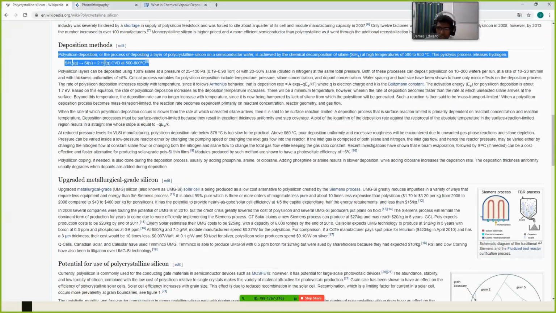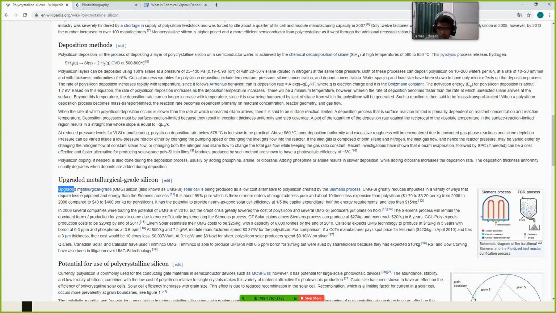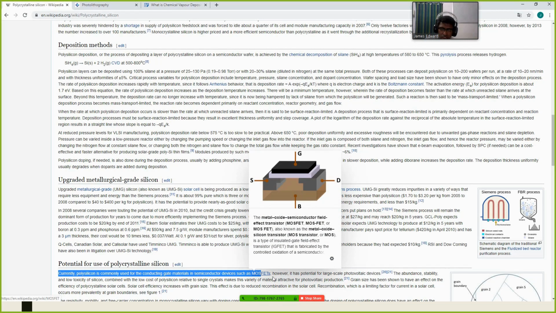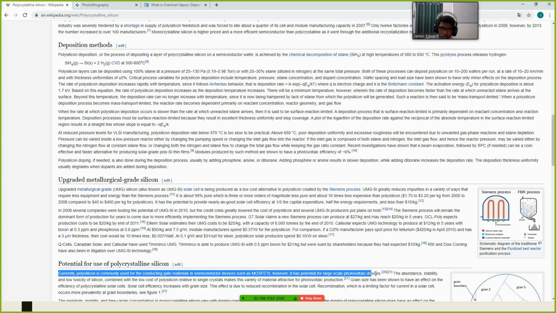One of the types of polysilicon is metallurgical grade silicon, which is used in solar cells. The potential usage of polysilicon is as a conducting gate material in semiconductor devices, and it has the potential for large photovoltaic devices.